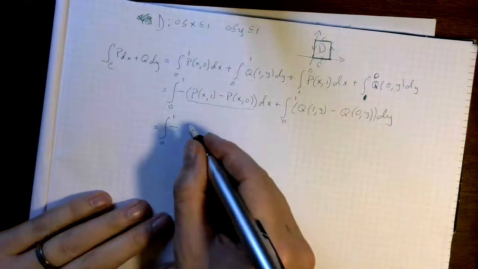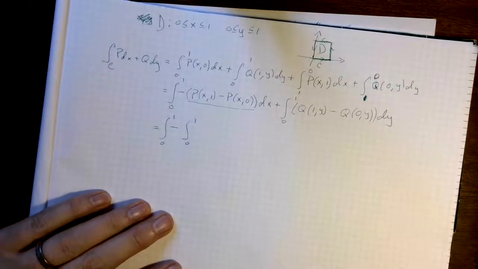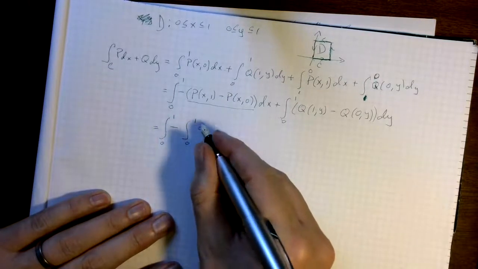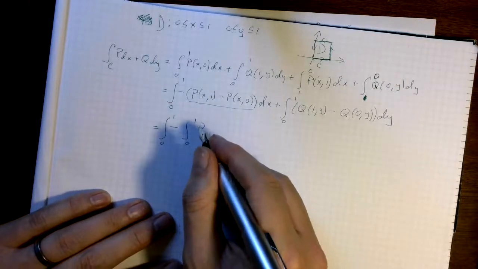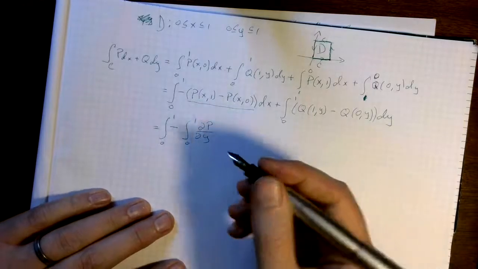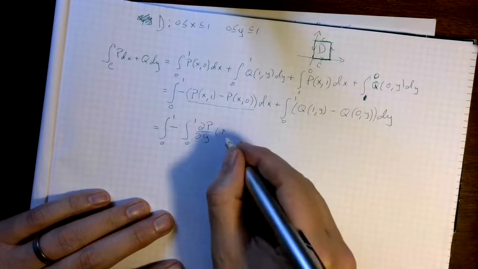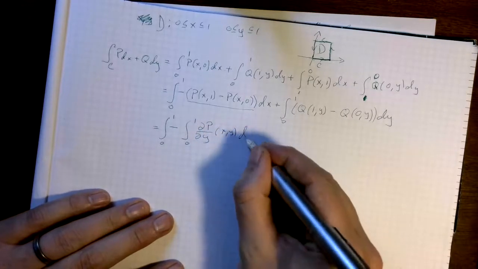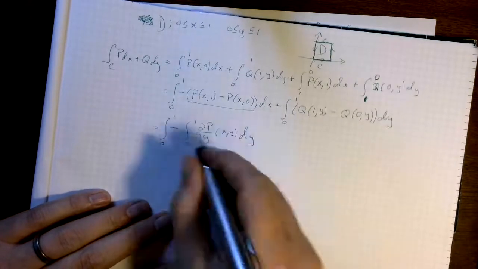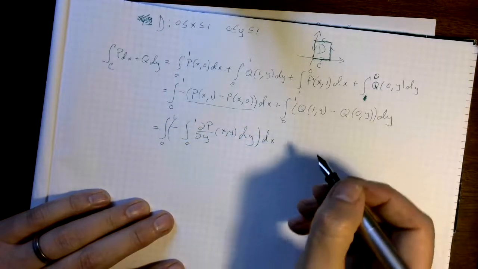If I apply the fundamental theorem of calculus, it's the same thing as integrating the derivative. The derivative, thinking of it as a function of y, is this, of xy, and over here it was dy, and this integral was dx, right?